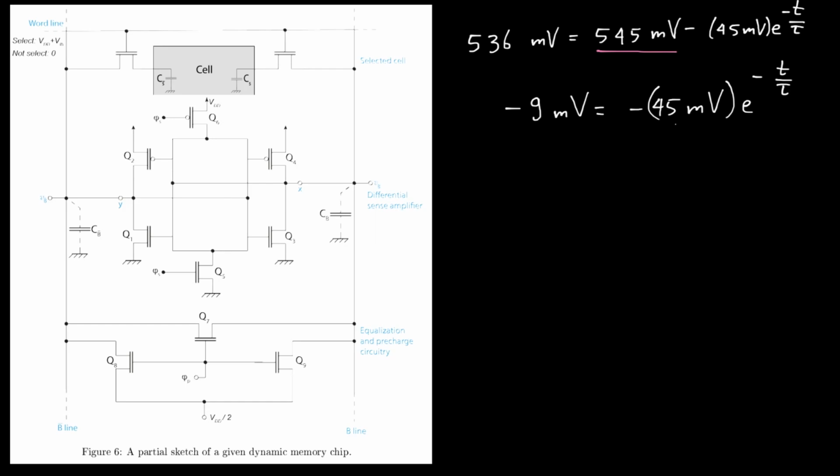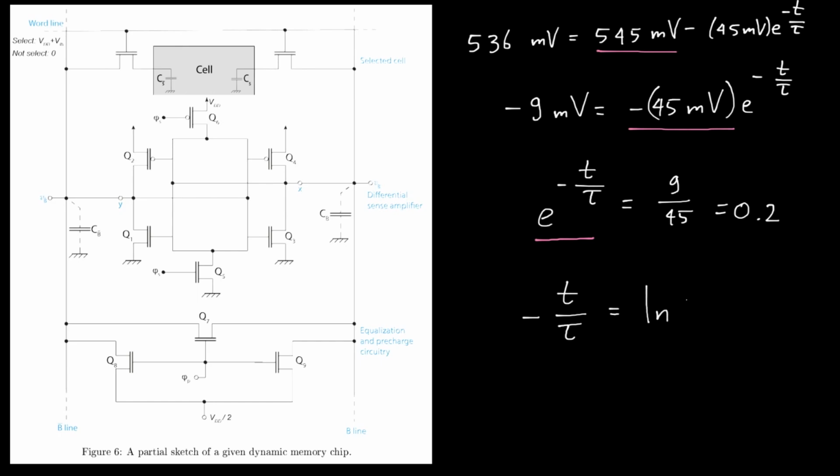We can then divide both sides by negative 45 millivolts, and that'll give you e to the power negative t over tau is 9 over 45, and that is 0.2. And then we can solve this by taking the natural logarithm of both sides. So that'll give us negative t over tau is the same as ln 0.2.